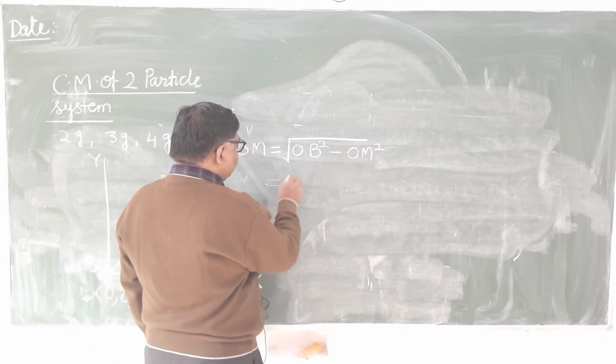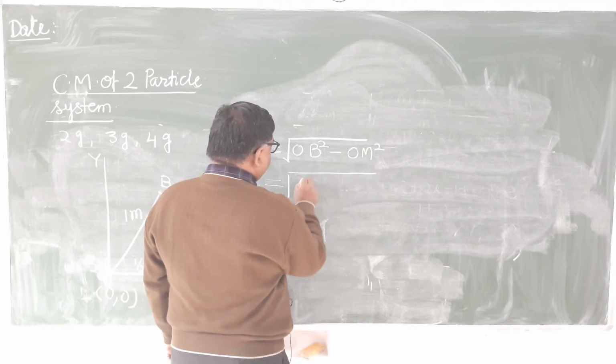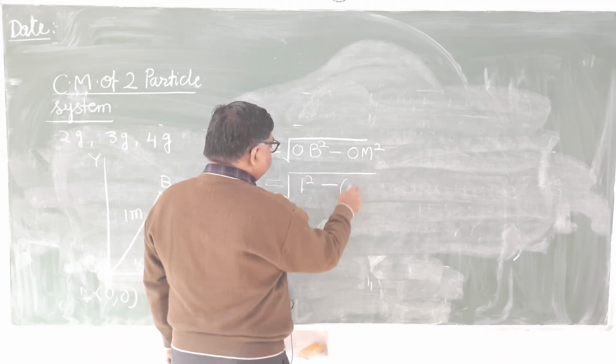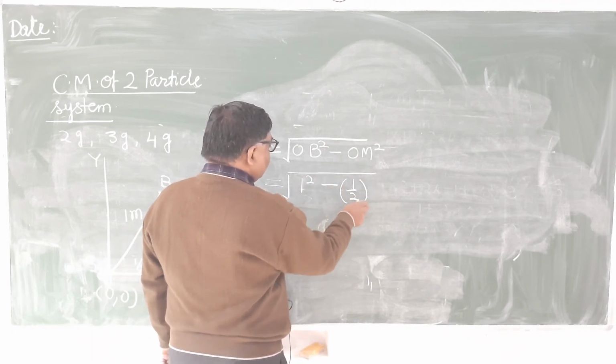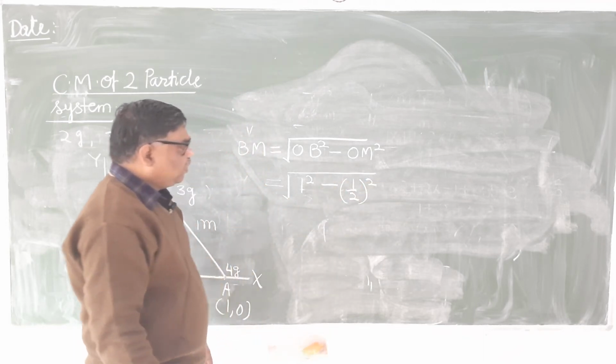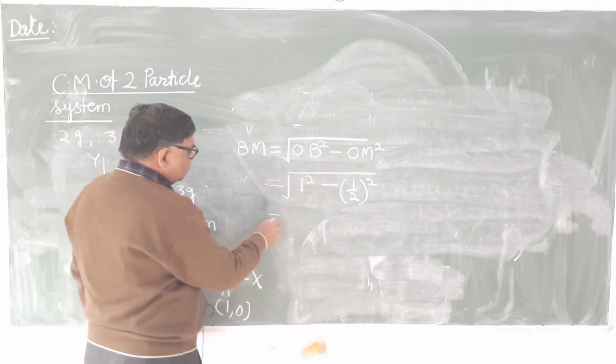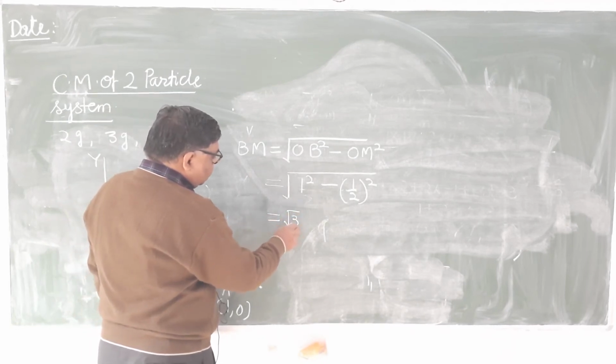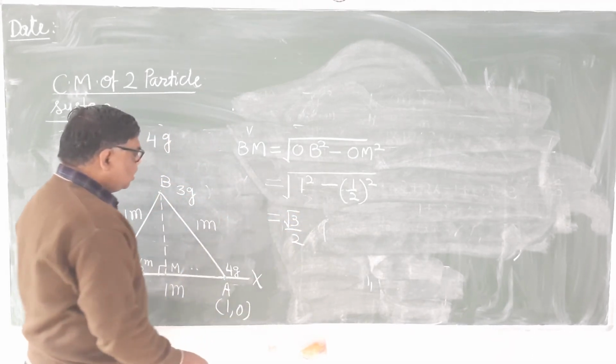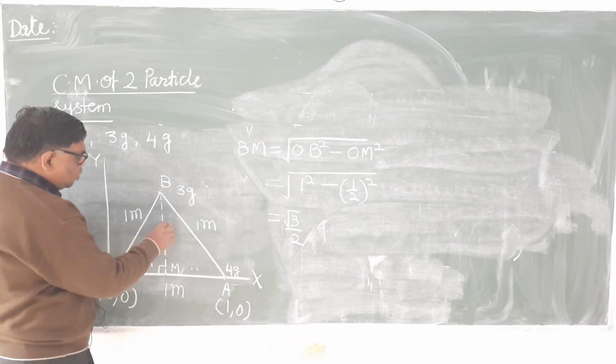OB square is 1 square minus (1/2) whole square. When you simplify, it will come 3/4, that is √3/2. This length will come out √3/2 meter.